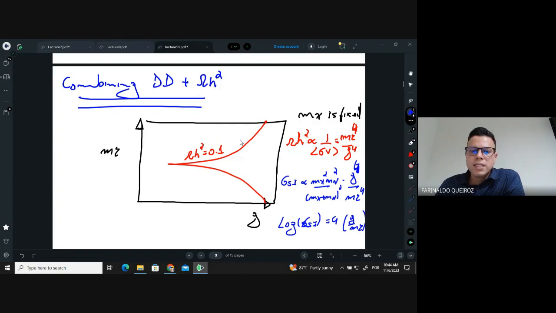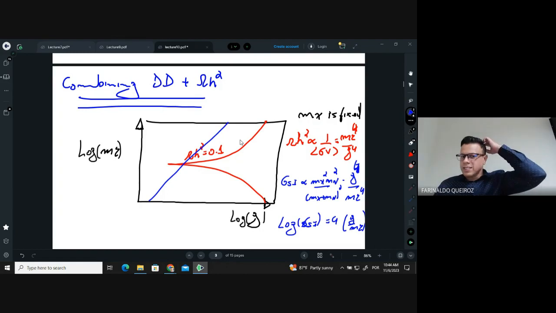So it means that in a log-log scale, what I get is a line like this. As I increase, now let's understand it. As I increase the Z mass, my sigma SE decreases, right?